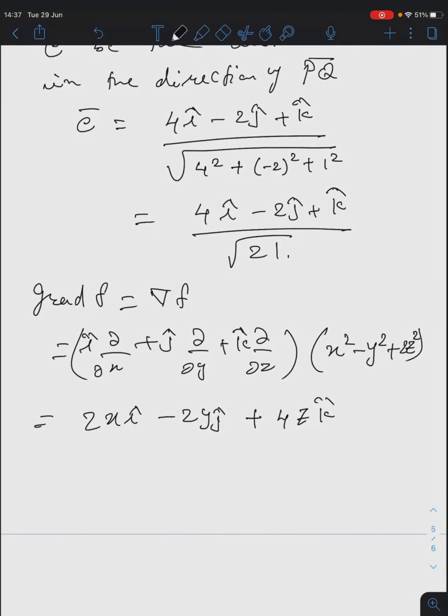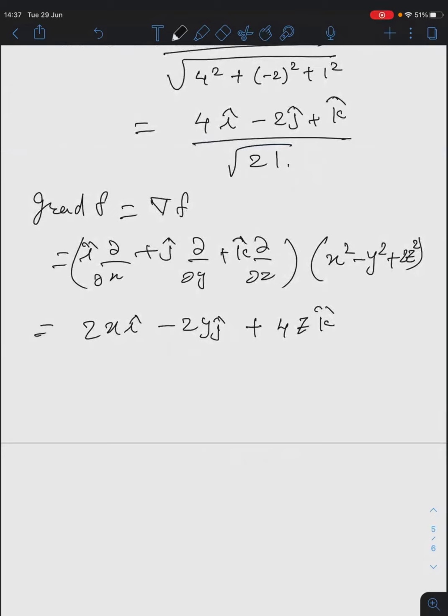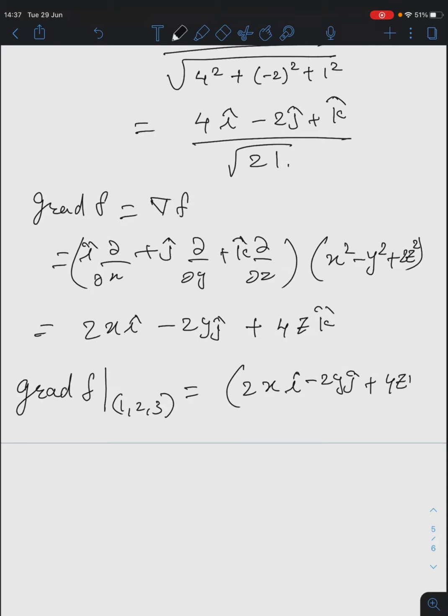Now you need to find this. Here itself we can find it, because we already know the unit vector. Here itself we can calculate the gradient of f at the point P. What is P? 1, 2, 3. That means you need to substitute 2xi minus 2yj plus 4zk at the point 1, 2, 3.